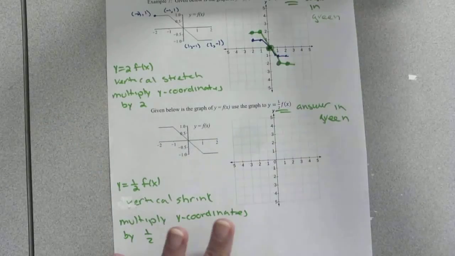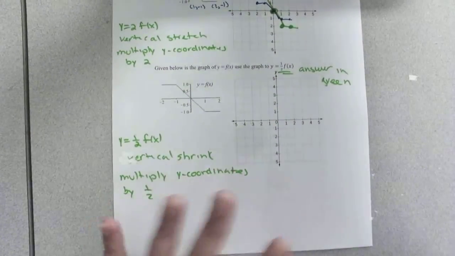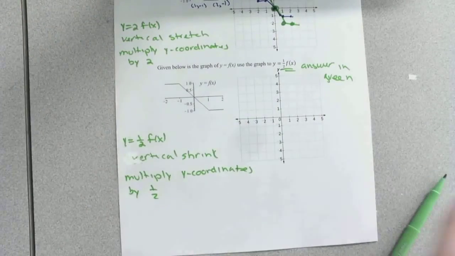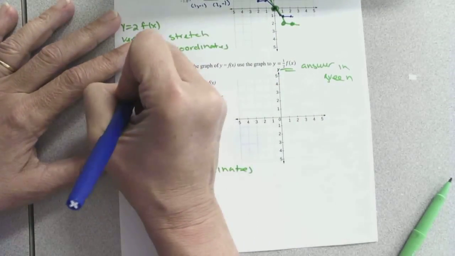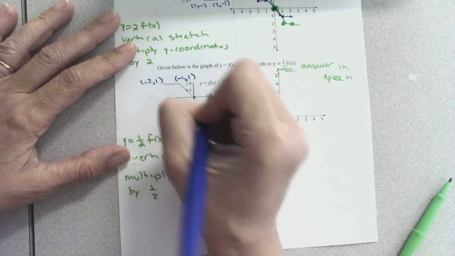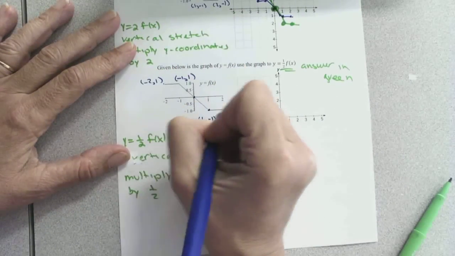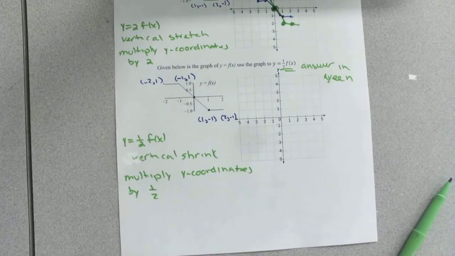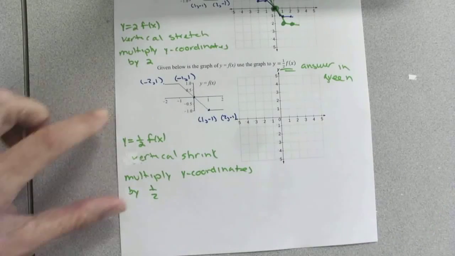Now this one's going to be harder to see, and I don't think I'm going to put the blue graph on there. So I'm going to put the points over here. So -2, 1, -1, 1, 0, 0, 1, -1, 2, -1. And so I'll leave the blue over here because things are going to get really small here.